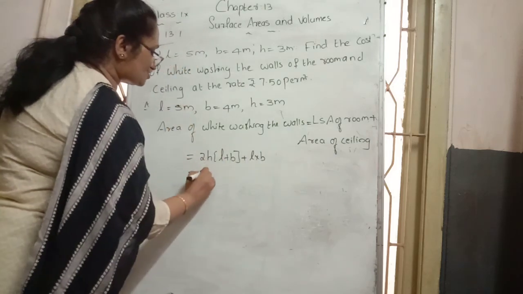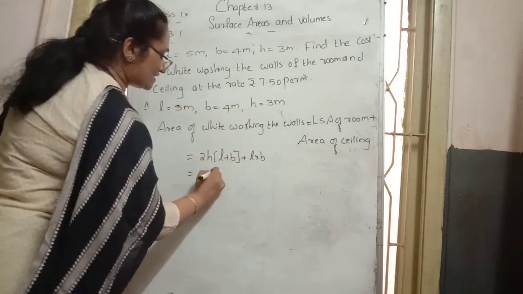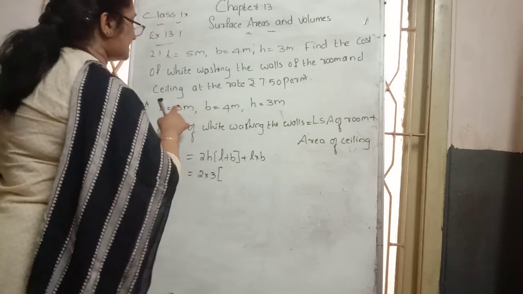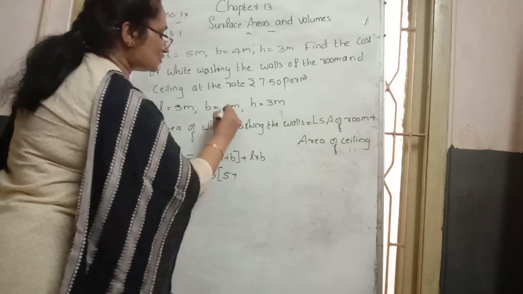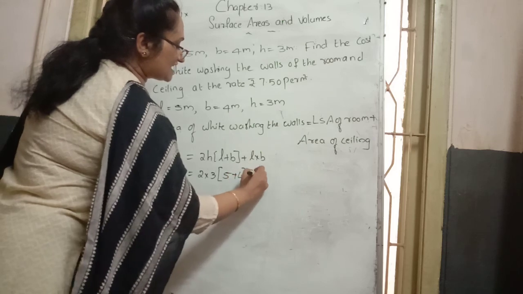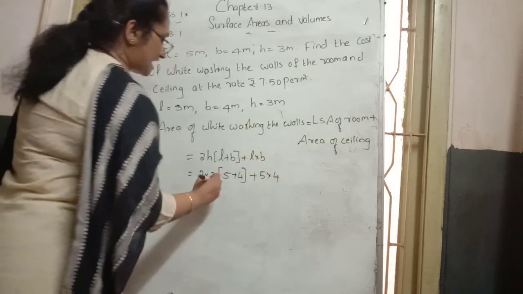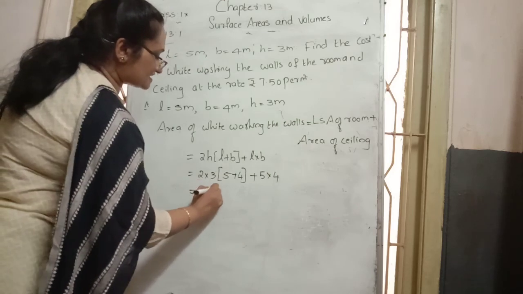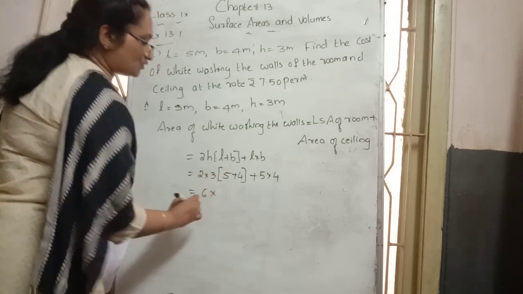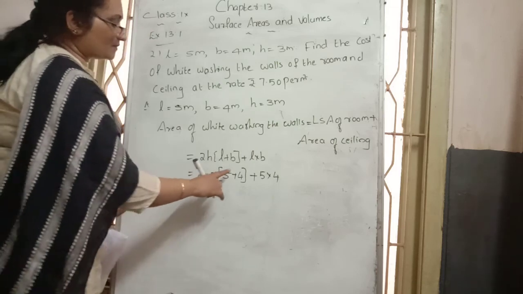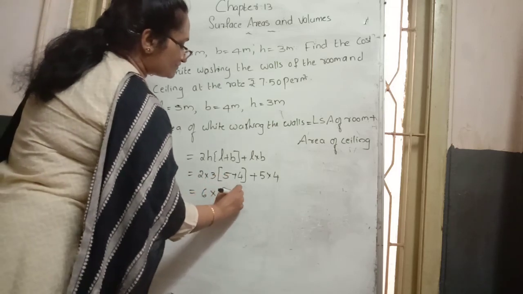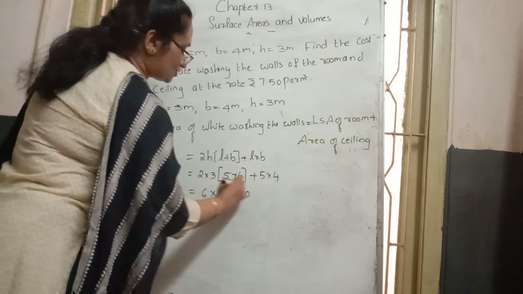Just substitute the values. 2 into (h plus... h value is 3. Inside the bracket, the length is 5 and the breadth is 4. Close the bracket, plus L into B, where L is 5 and breadth is 4. Calculating: 2 into 3 becomes 6. Outside the bracket we put the multiplication operation. 5 plus 4 comes to be 9. Plus 5 4s are 20.